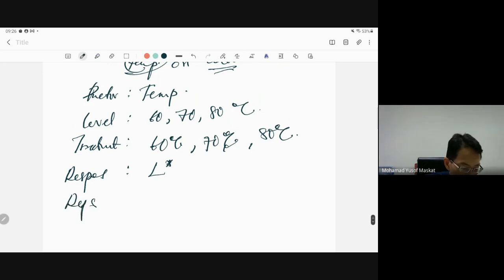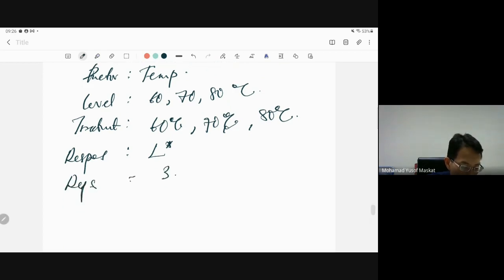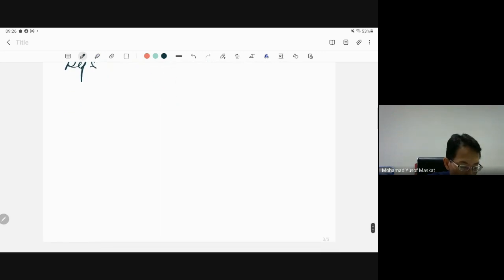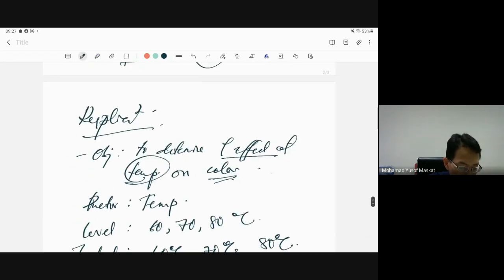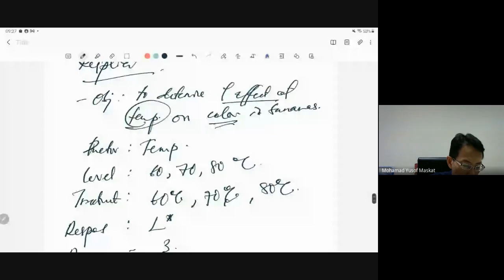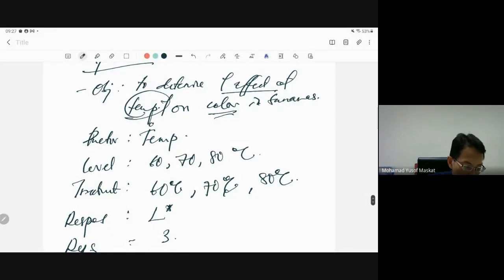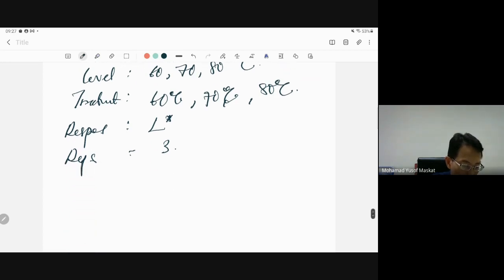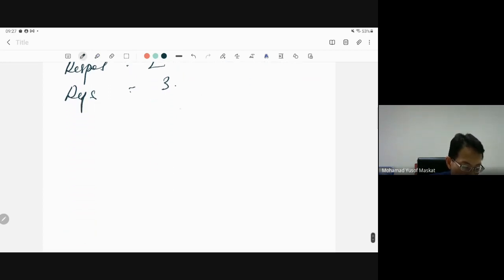Replication, reps, you say that it is 3. So how do we do 3 reps? For example, with bananas, the temperature of blanching. First we take bananas, and then we blanch them.